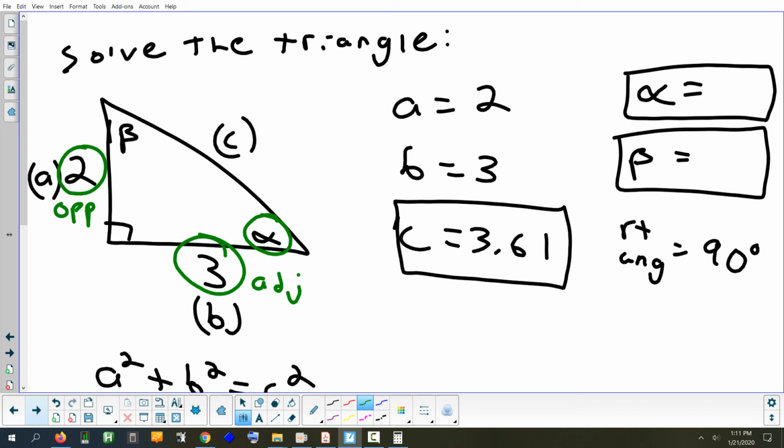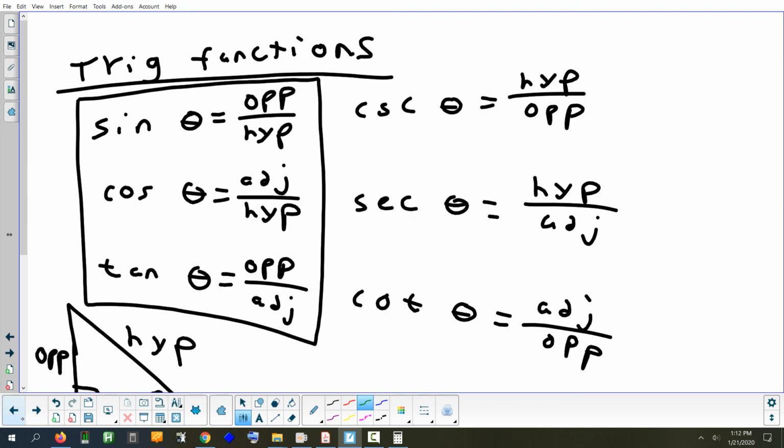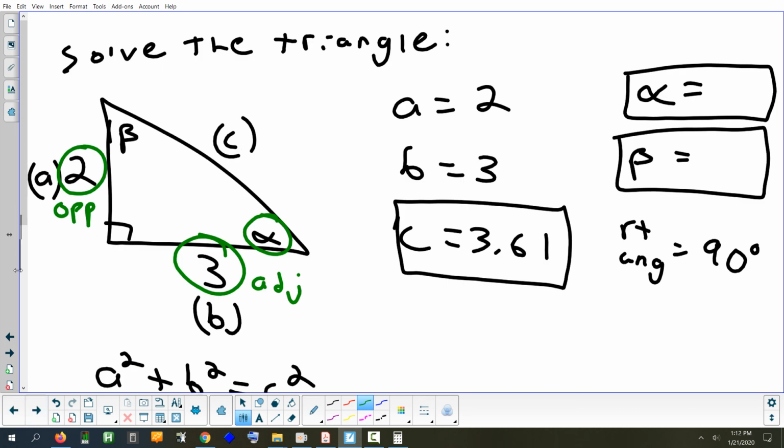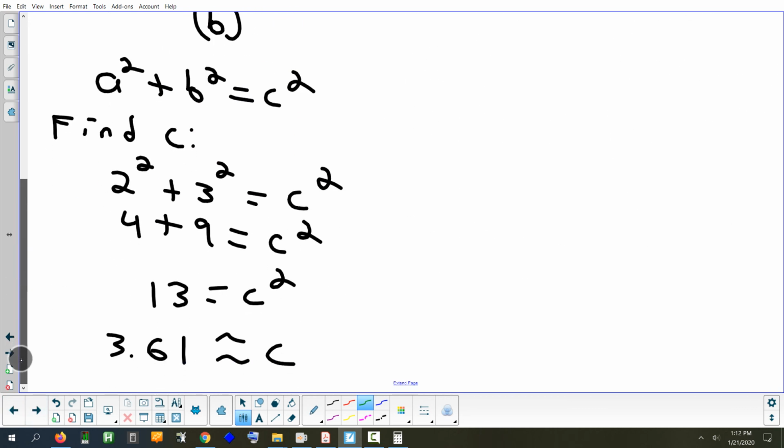So if I want to find alpha, I need a trig function that involves opposite and adjacent. Now, if you go back, you might notice there's two of them, tangent and cotangent. When we're solving a right triangle, you only use one of the three in the box because that's what you have buttons for on your calculator. So, let's use tangent. And we are going to find alpha.